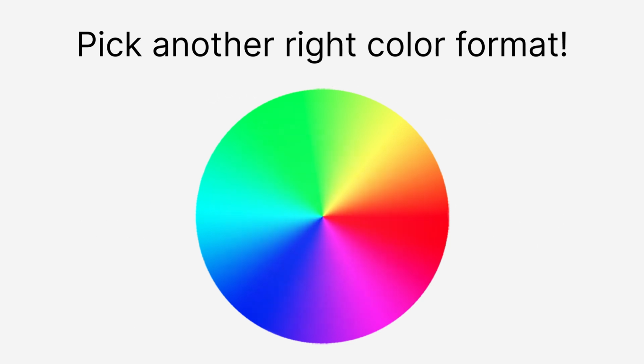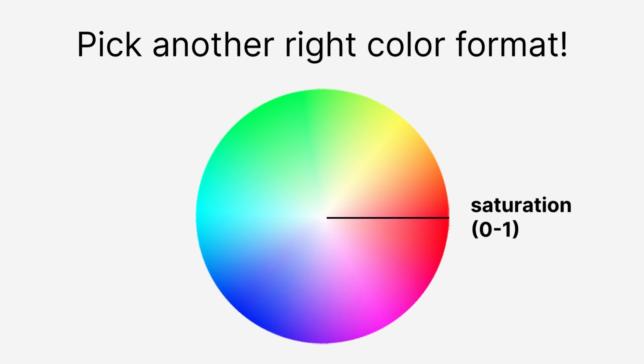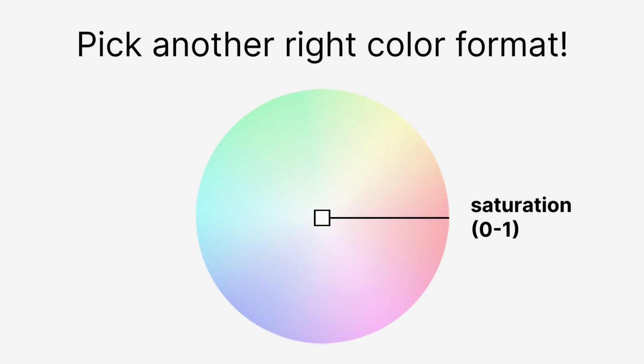On the other hand, the distance to the center gives you the saturation of your color. So if you stay at the same angle and move along this line, the tint doesn't change, but the closer you are to the center, the whiter the color. We say that it has low saturation, and the maximum saturation is on the edge of the disk, where you have your full tint.